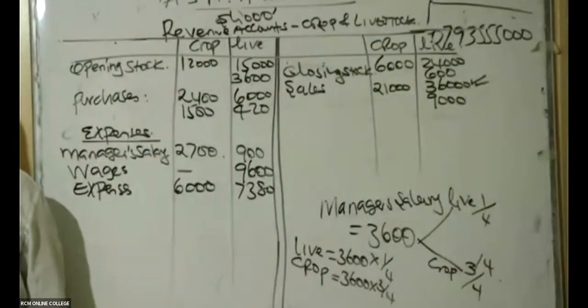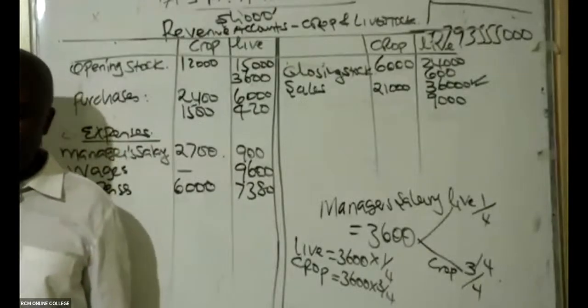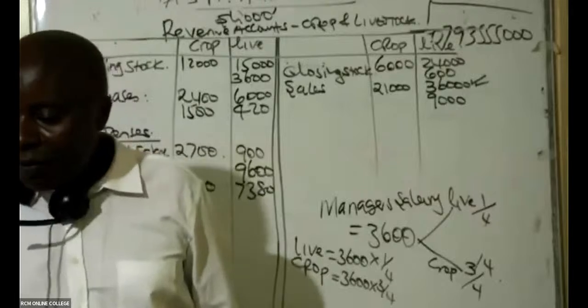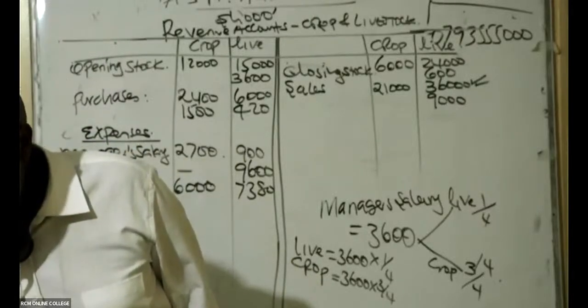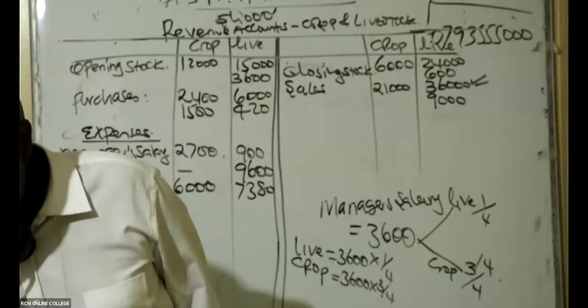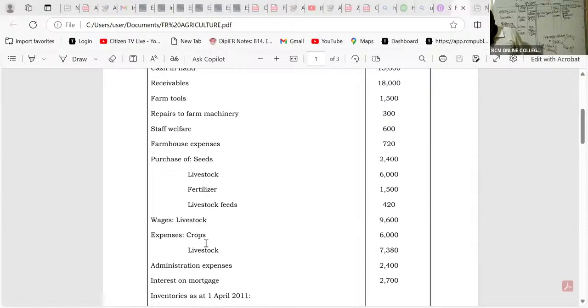All right. So expenses for each biological asset we've been able to book. Ladies and gentlemen, after that, we look for other expenses. You're simply combing through your trial balance to understand it very well. What is your comment on these administration expenses?